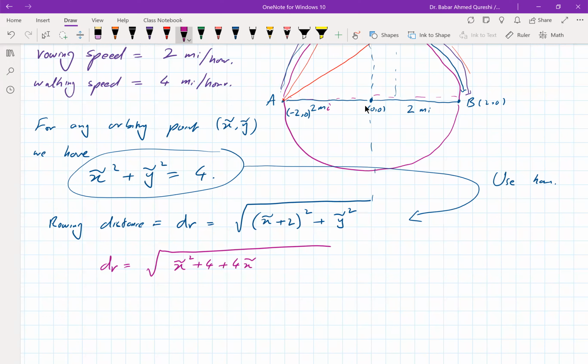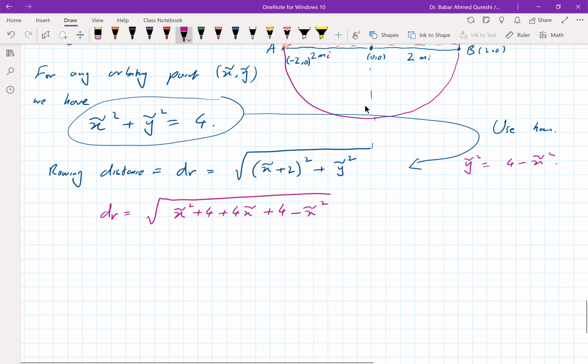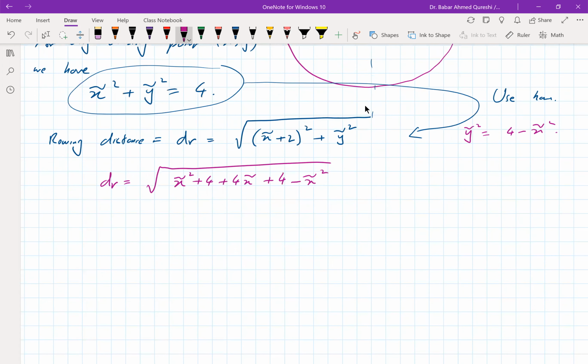And please keep track of my calculation if I do something wrong. Why is x tilde squared plus y tilde squared equal to 4?